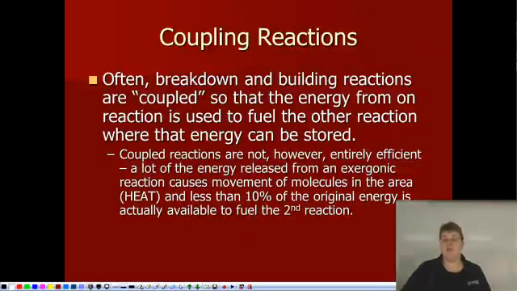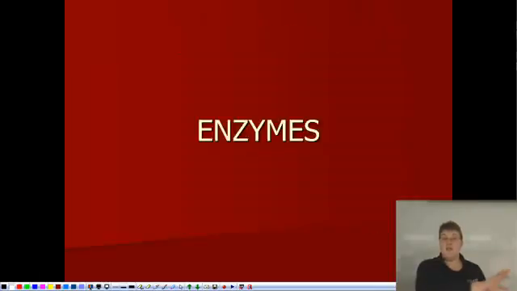In addition to this, we usually have long chains of chemical reactions where reaction A sets off reaction B, sets off reaction C, sets off D. And by bringing these reactions together in that way, you can kind of have a trickle-down effect with the energy, where the energy for the first reaction can fuel the second reaction and the third reaction and work its way kind of down.